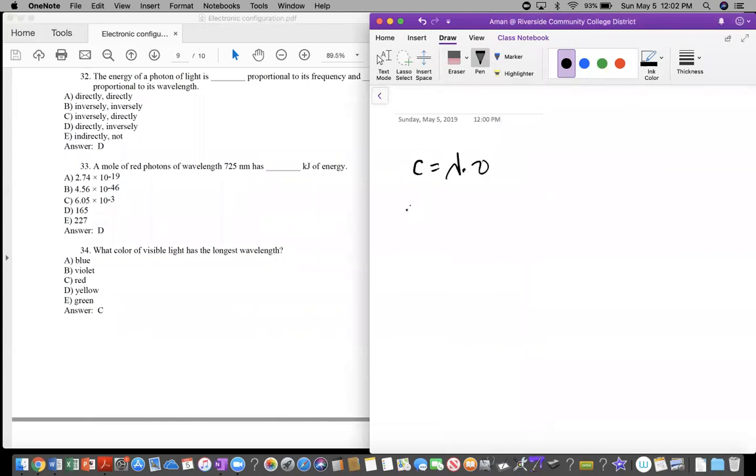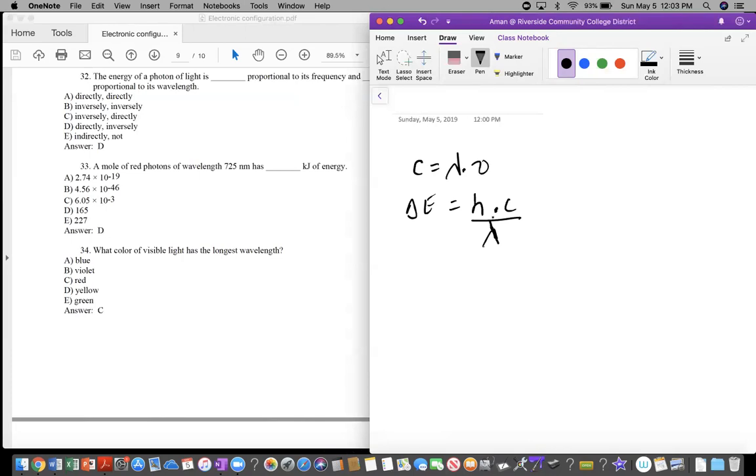And look then for the one that was delta E. It was on the same day, but a little bit later. It should be on the same page or the next page. Okay, so E equals h times frequency, and h times c over lambda.